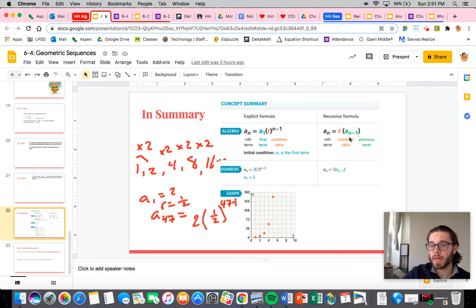I just take my common ratio and I multiply it by the n minus 1 term. So I just take the previous term and multiply it by my common ratio, and I get the next term. And that's all it is. So if I needed the 7th term, I would say, well, that's easy. I just take my common ratio and multiply that times the 6th term.